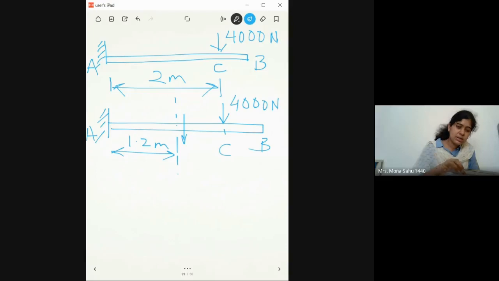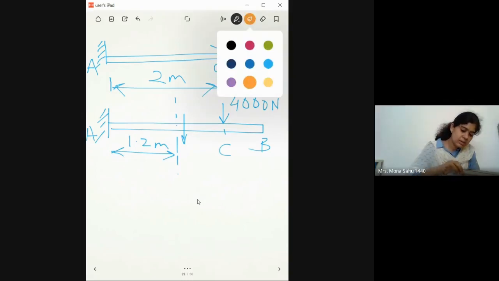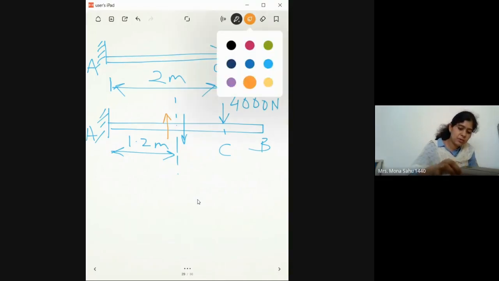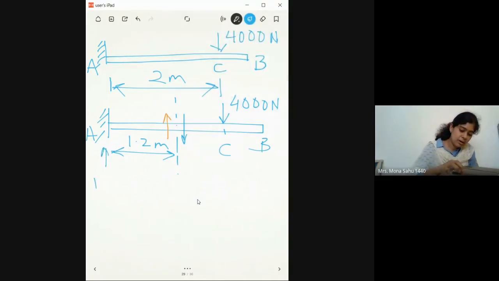Because of this load, there will be an equal and opposite shear force here. Got it? And you have your reaction force over here, RA.